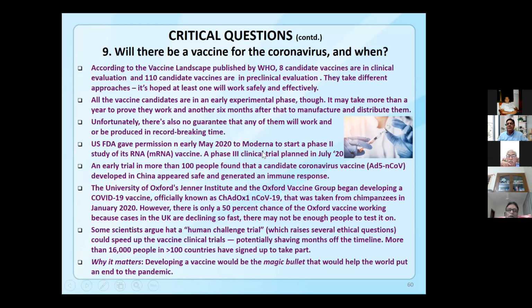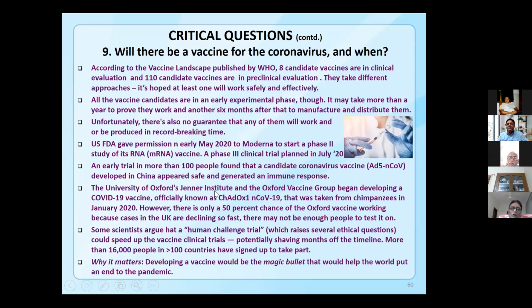One is produced by the company called Moderna. It's called mRNA, and they're going in for a phase 3 clinical trial in July, and simultaneously there's a trial going on now in China. It's a coronavirus vaccine called AD5-nCoV.